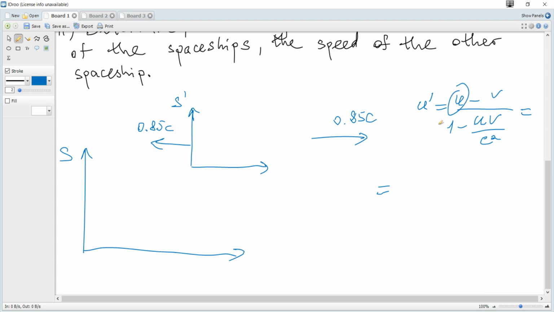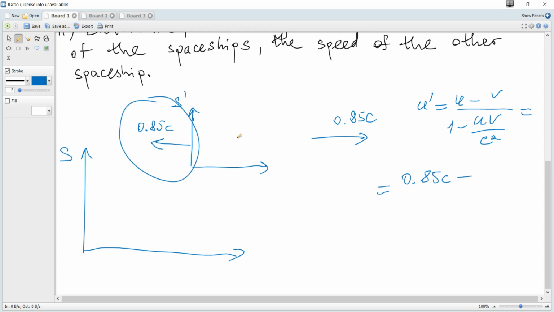What is U? U is the velocity, not speed, of this object in this Earth reference frame, and it is plus, because the direction to the right is chosen to be positive, plus 0.85 c minus V. What is V?